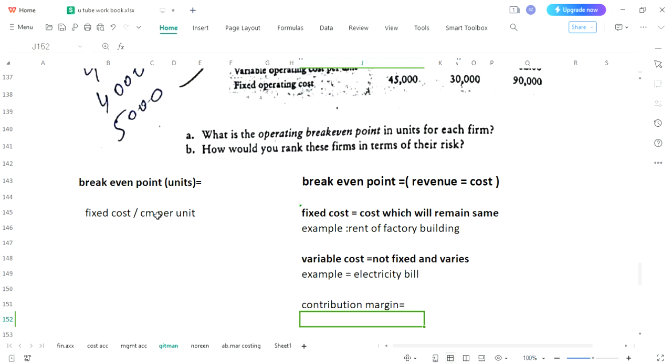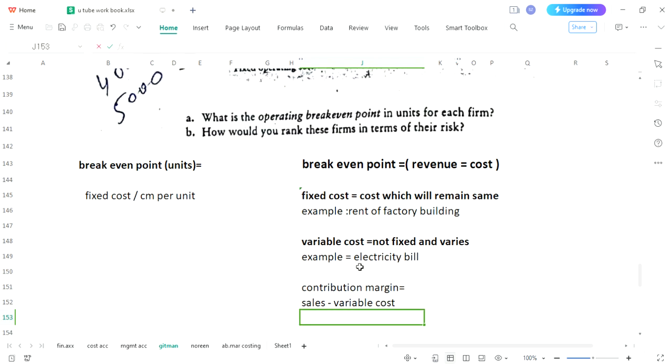When you subtract your variable cost, which would be given in your question, from total sales, it is your contribution margin. So sales minus variable cost. In this way you can calculate your contribution margin.